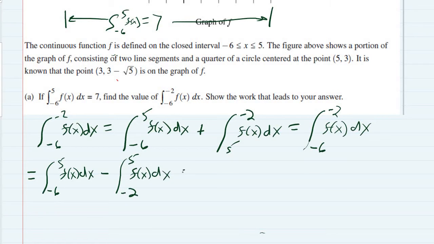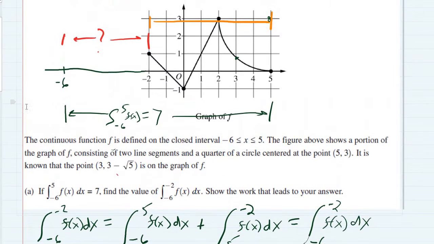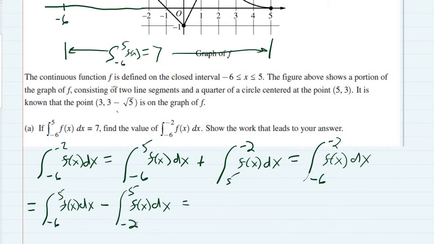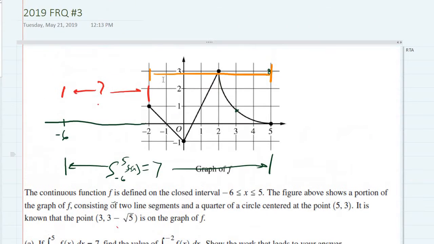That right there is what we had already determined by looking at the graph: taking the whole integral from -6 to 5 and then subtracting out the integral from -2 to 5.